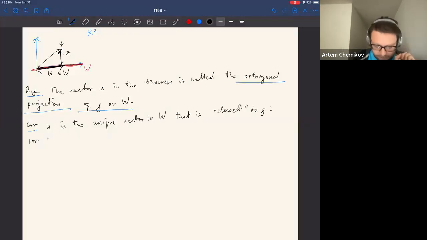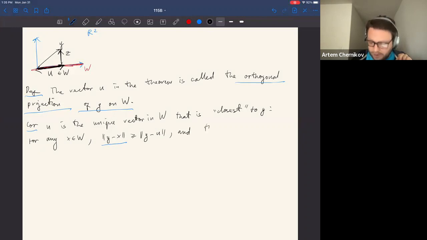So namely, we have that for any other vector x in W, the norm of y minus x, which remember we think about as the distance between y and x, is greater or equal than the distance between y and u.